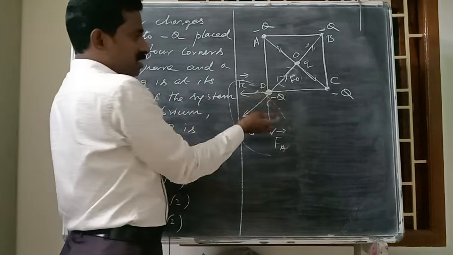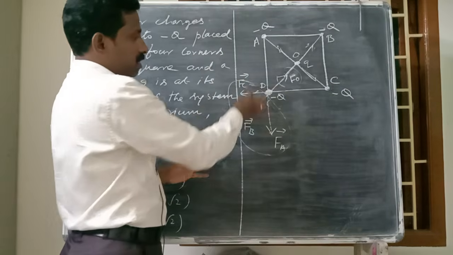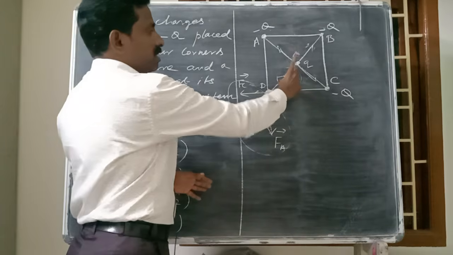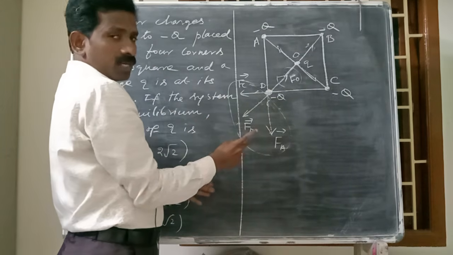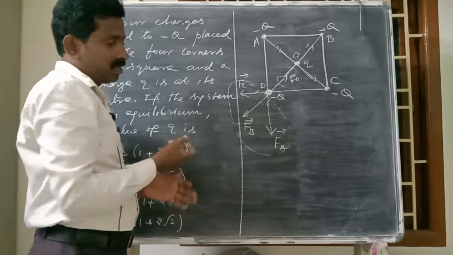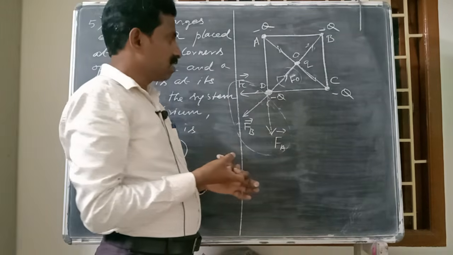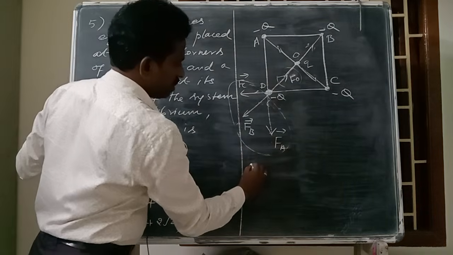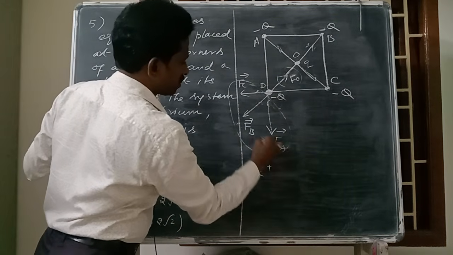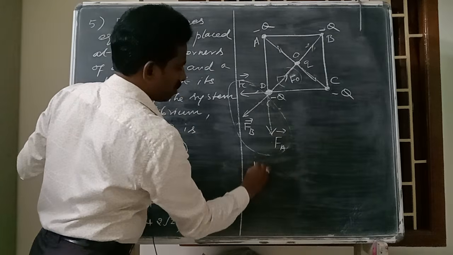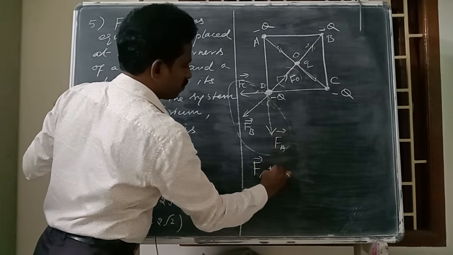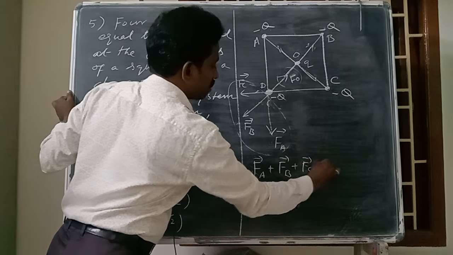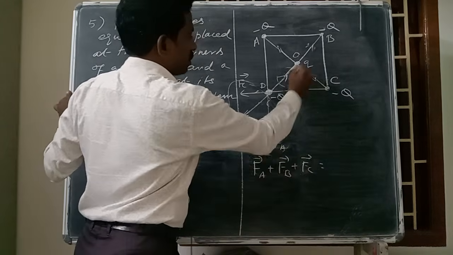Then only this charge can remain stationary, at rest, or in equilibrium. So that is the condition. We can write FA vector plus FB vector plus FC vector equal to FO vector.